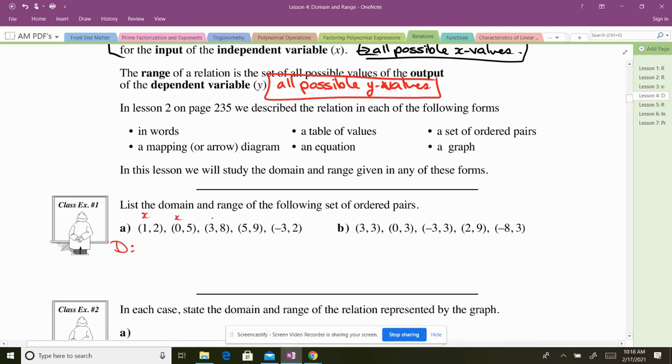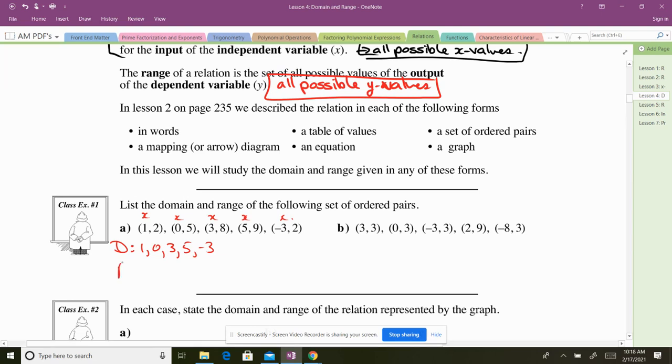That's an x, that's an x, that's an x. So if I said, what's the domain? You just list all the x values. So 1, 0, I'm not even going to write them in order. I'm just going to go in the order that they present them. 3, 5, -3. That's the domain. You just list the x values.